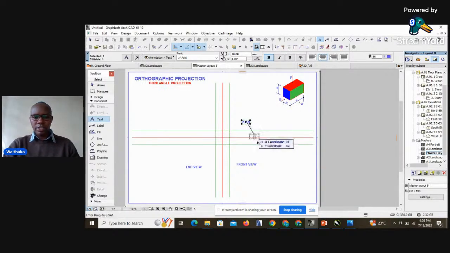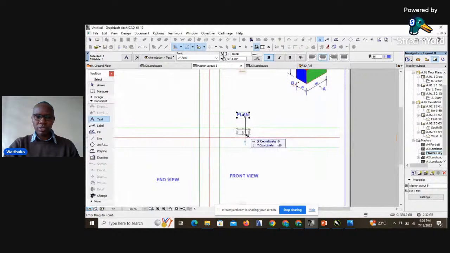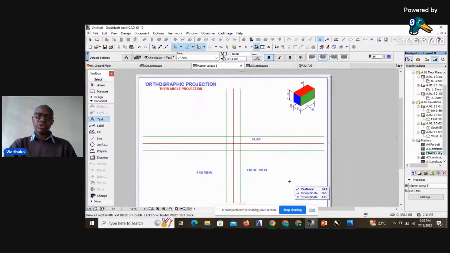You can just place it where it's supposed to be. So that is how views in third angle projection will always appear. And just as I said in first angle projection, in most cases we will only be required to project 3 faces or 3 views. That is the front view, one of the end views, and the plan.